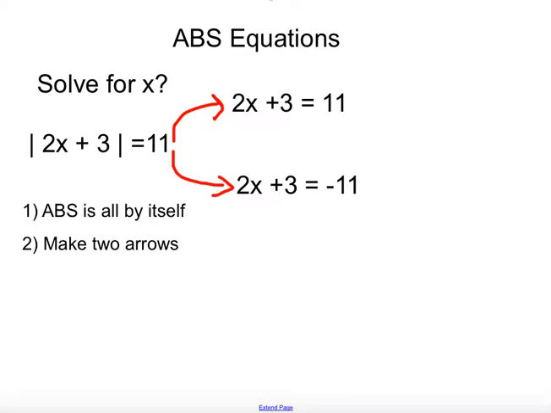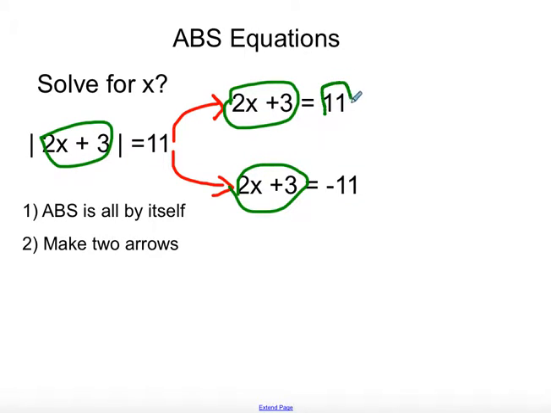Check it out, just compare, this guy inside the absolute value would be free from the jail. Apparently, as you can see, we get rid of these bars in these two equations, and once we write it equal to 11, once we write it equal to minus 11.